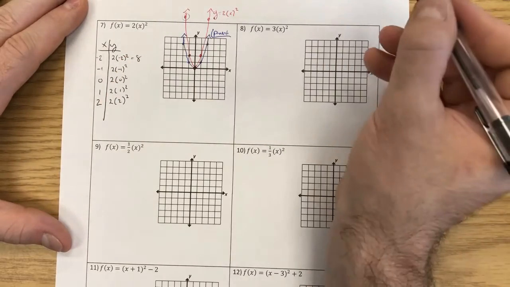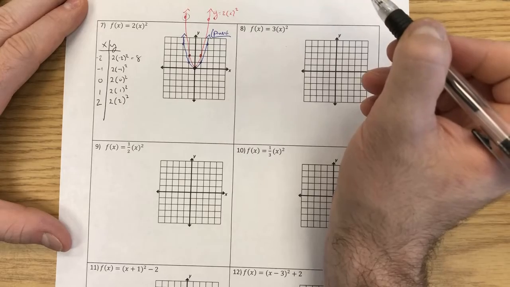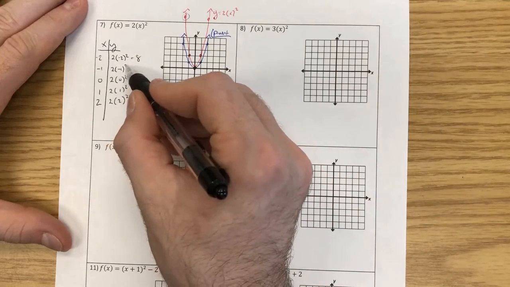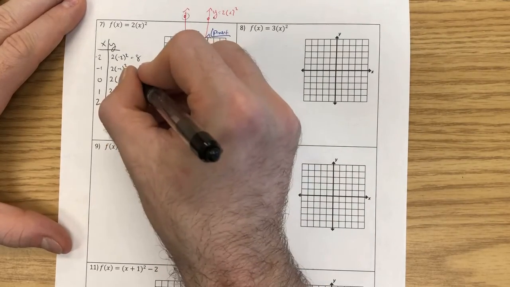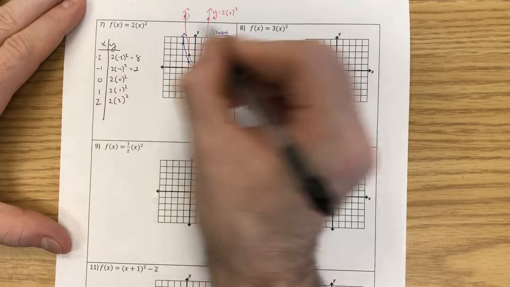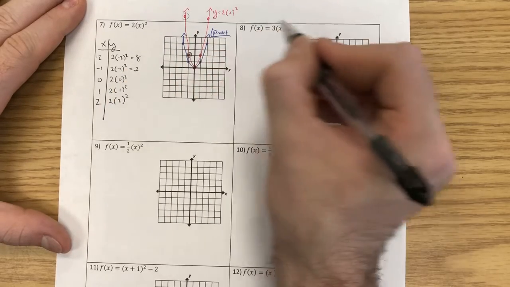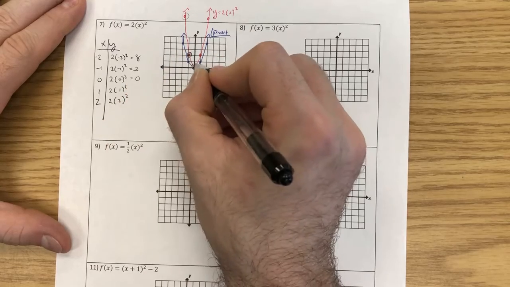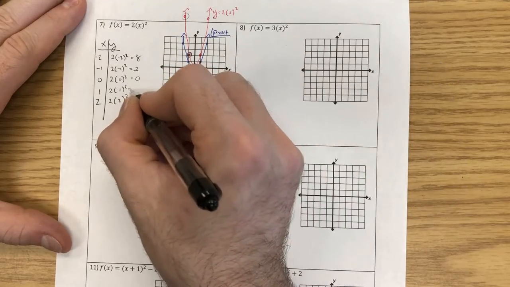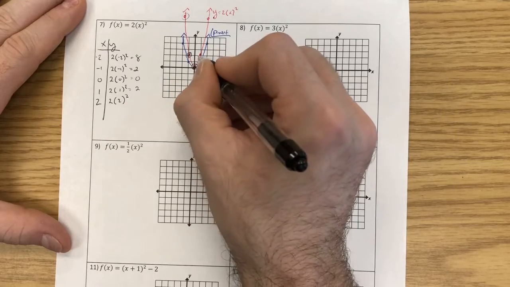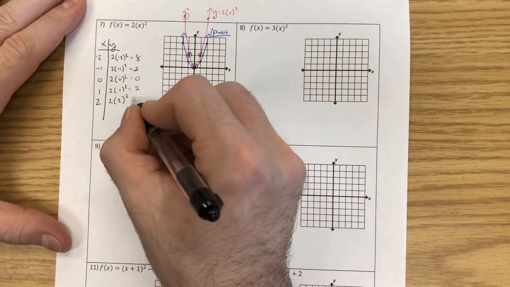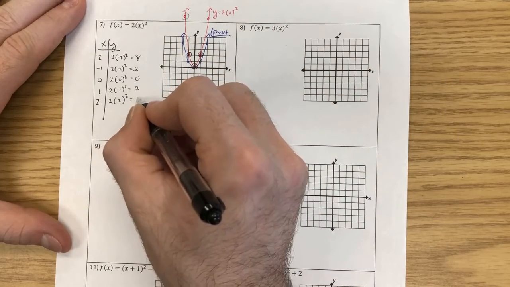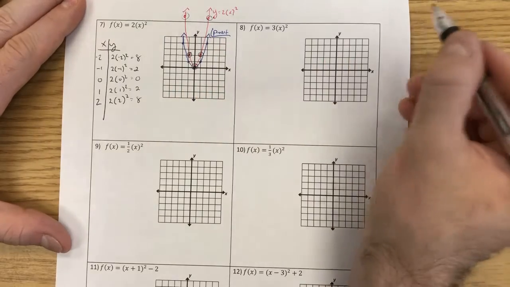Yeah, that's the graph. That's the point that's off my graph. -1 squared is 1 times 2 is 2. That checks out. 0 squared is 0 times 2 is 0. That checks out. 1 squared is 1 times 2 is 2. That checks out. 2 squared is 4 times 2 is 8, and that's my last point that's off the graph.